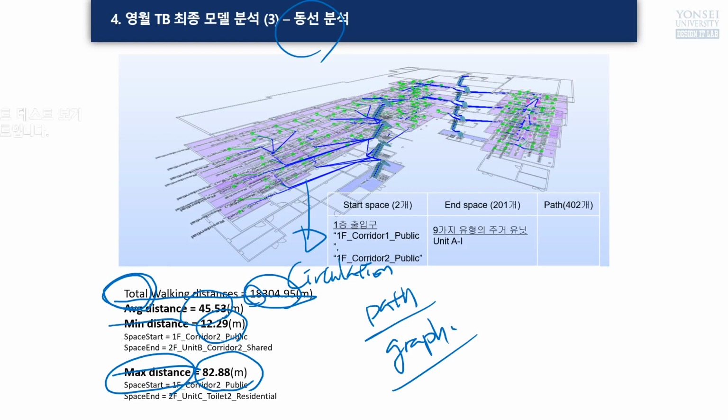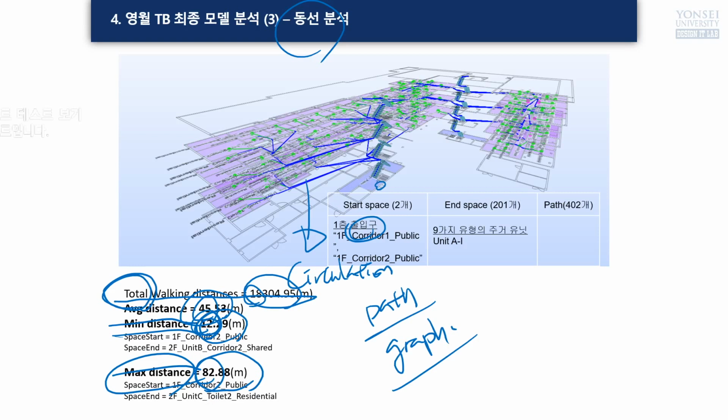How about the average distance, the minimum distance from the main gate, from the first floor main entrance? Minimum 12 meters, average 45, maximum 82, which means the closest unit from the main entrance has 12 meters, very short.